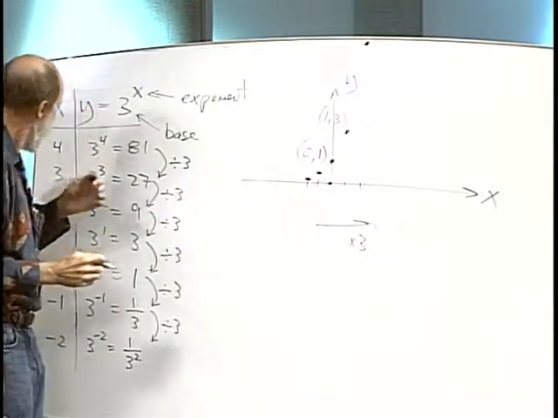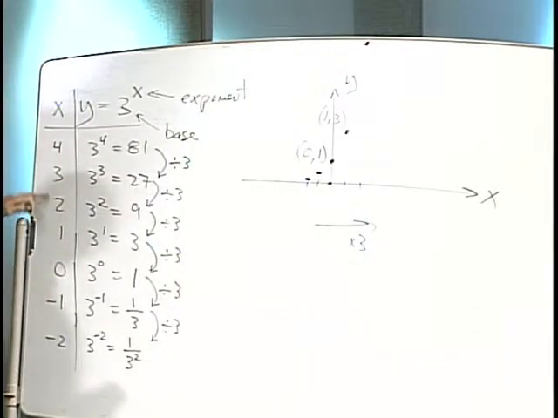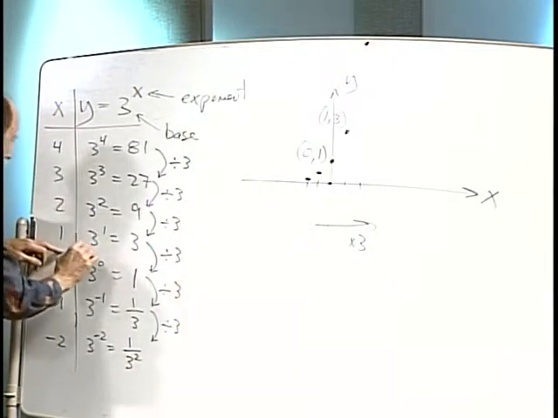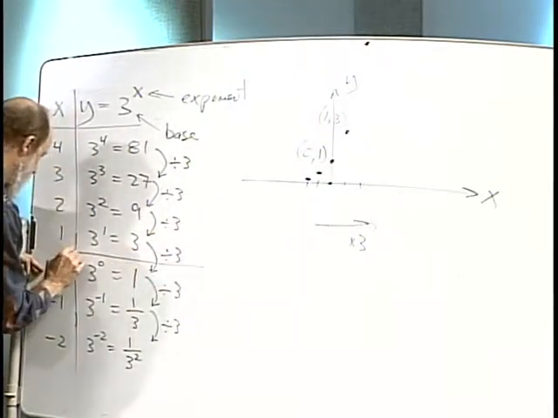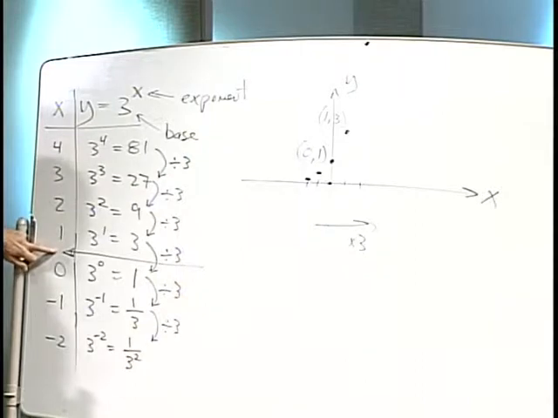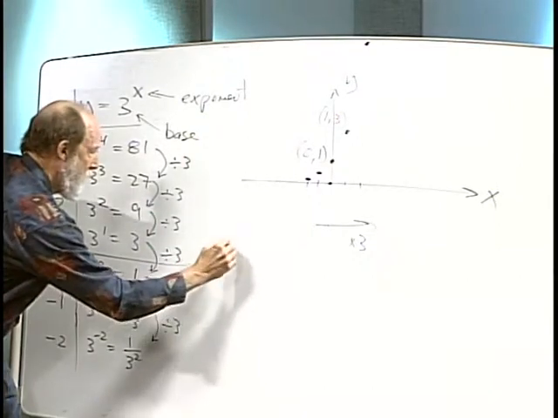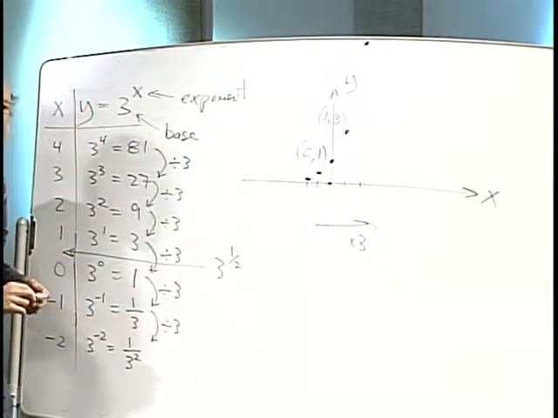What about numbers in between these whole numbers, these integers here in the domain? What about numbers in between? Look at this. If I come right in here at 1/2, at 1/2 for the exponent, 3 to the 1/2 power.